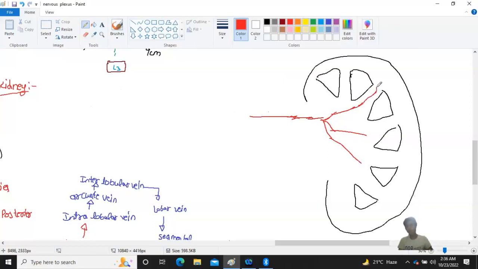These are the arcuate basically. And then interlobular. So this is the pattern. After this, the venous pattern is also similar. After the glomerulus, efferent arteriole, peritubular, vasa recta. After this, interlobular veins, then arcuate veins, then lobar veins, and then segmental vein, and then renal vein.